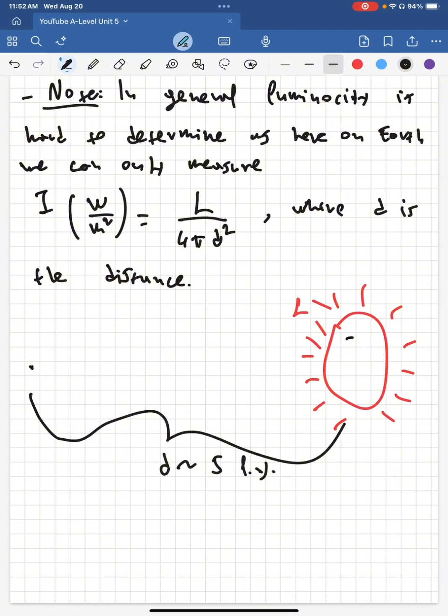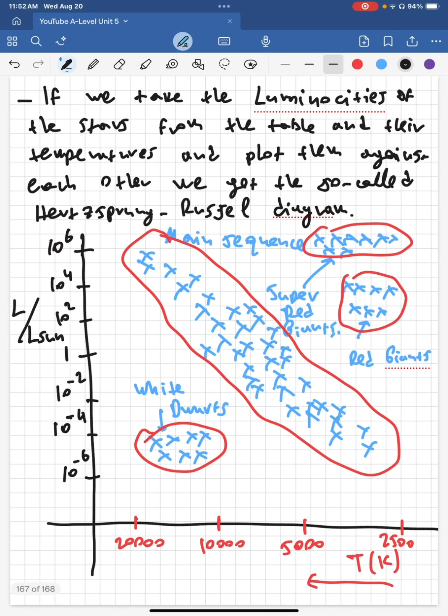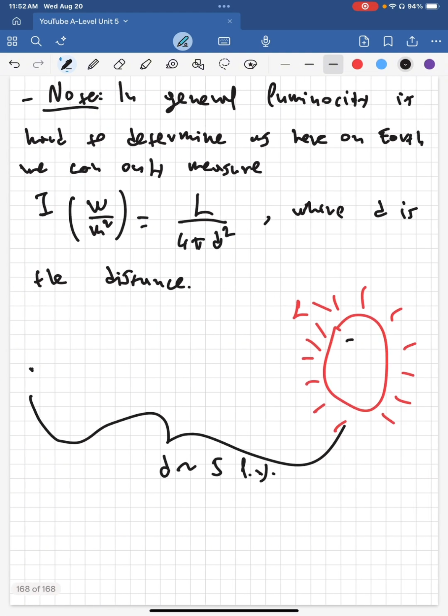But anyway, assuming that we know that distance and we measure the intensity, we can find the luminosity by just cross-multiplying, okay? So that's important to know. I mean, it's not easy to obtain this Hertzsprung-Russell diagram. It took lots of efforts by lots of astronomers to figure out this graph, okay?